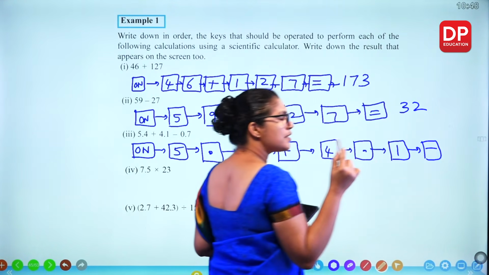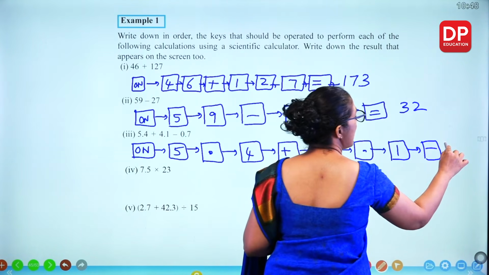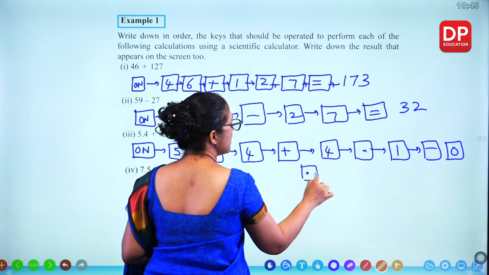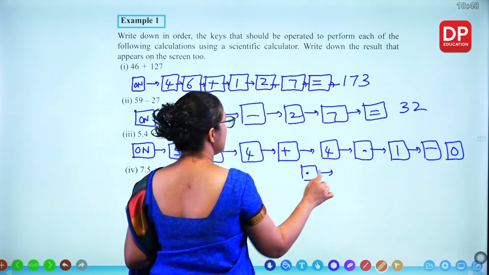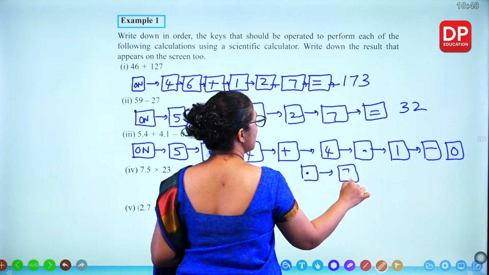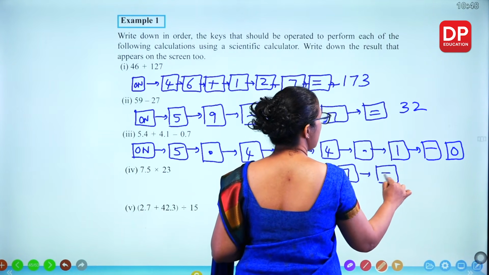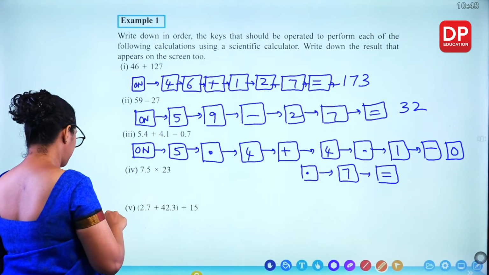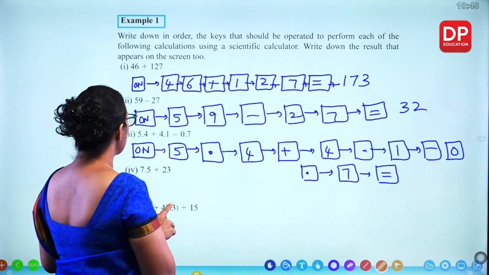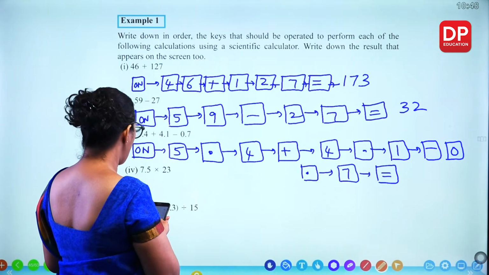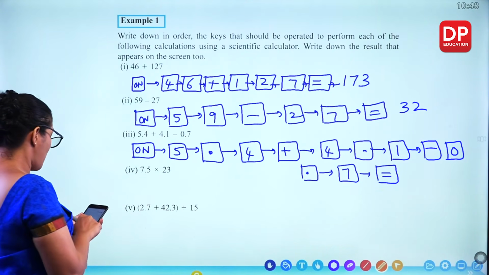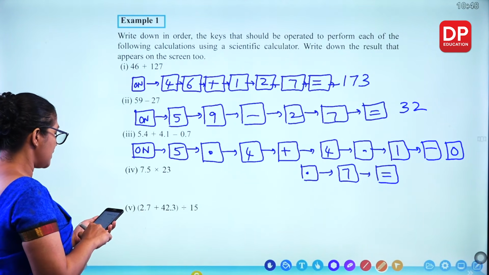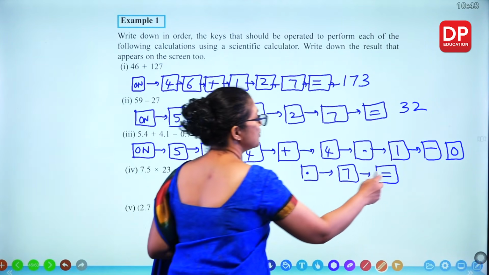You can put the point also or 0 as well, 0 point and then 7. Press the equal button. You get the answer. 5.4 plus 4.1 minus 0.7, 8.8.